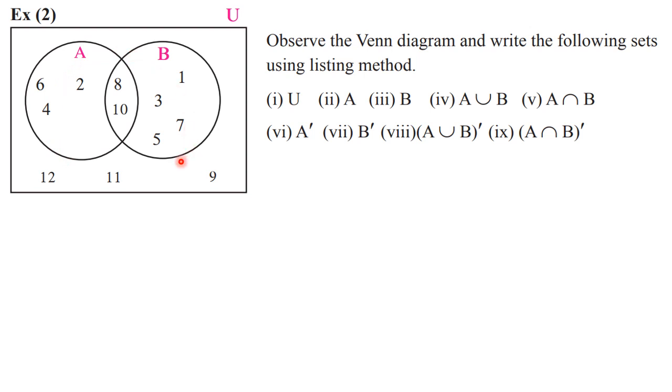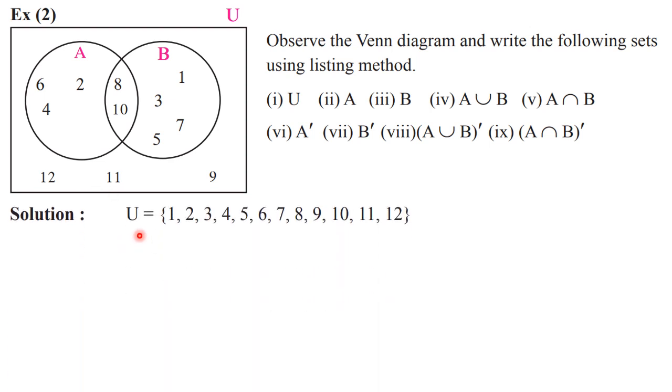Okay, so you can write them in sequence 1, 2, 3, 4, 5, 6, 7, 8, 9, 10, 11 and 12. Okay, so all these natural numbers up to 12 gives us set U. So write it by using the list method. Okay, U is equal to, and in the brace brackets you write down all the elements from the rectangle, that is universal set.